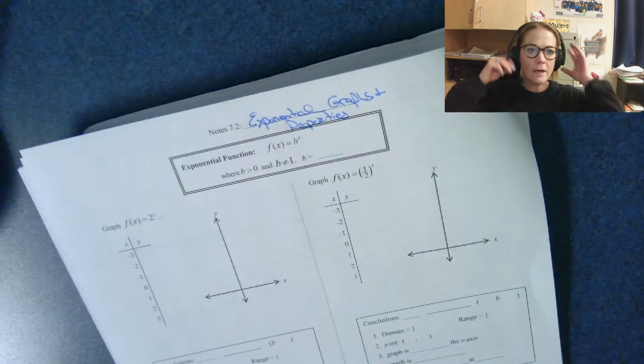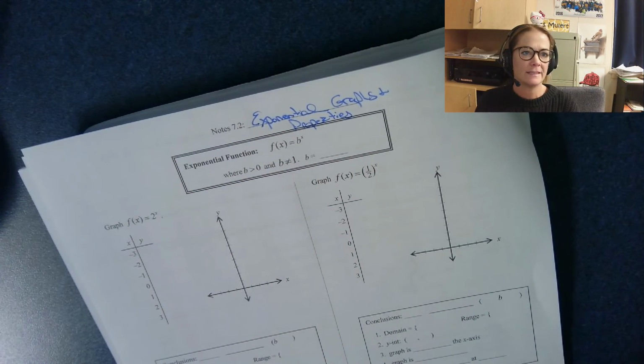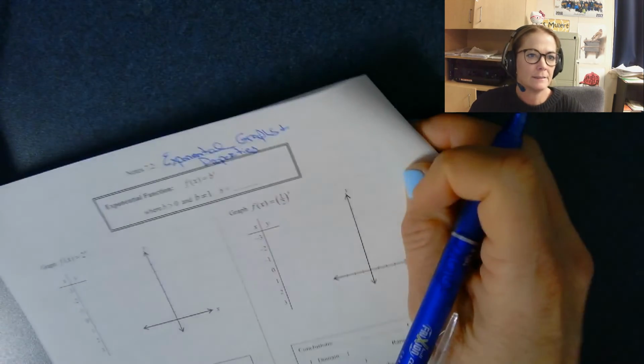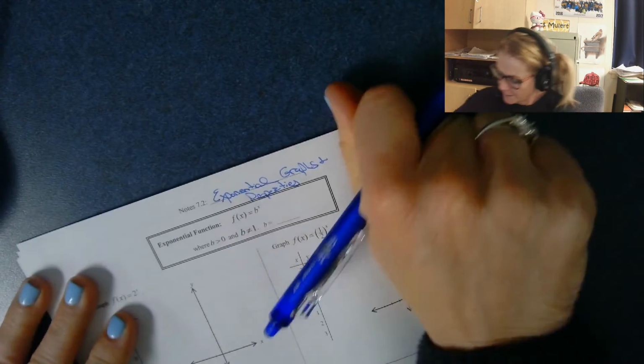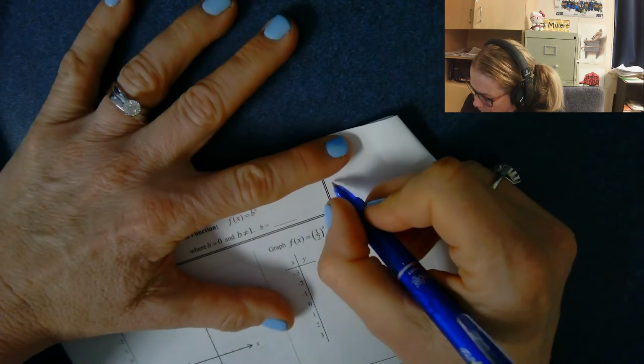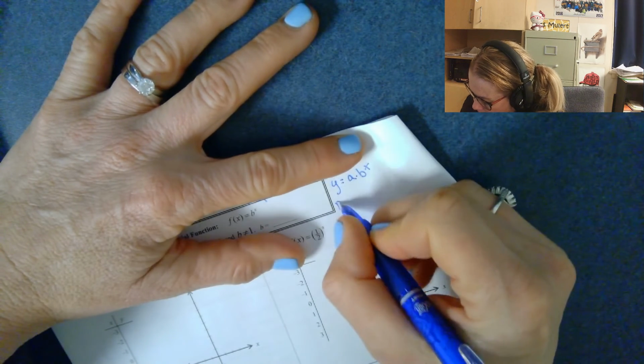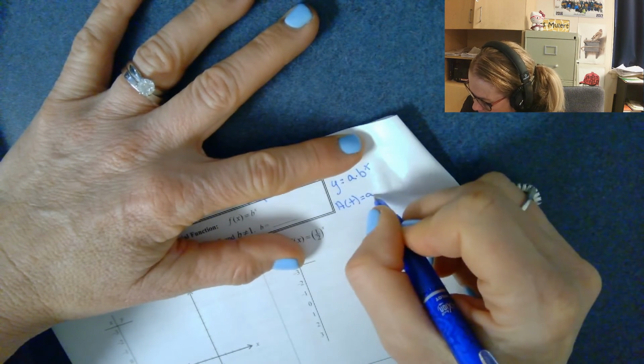All right, so we have an exponential function, f of x equals b to the x. This looks a little different than our other ones because the other ones we looked at were y equals a times b to the x, or A of t equals a b to the t, what have you.